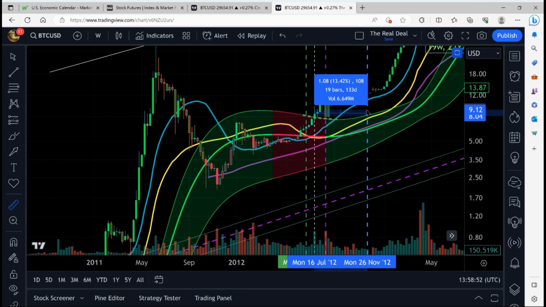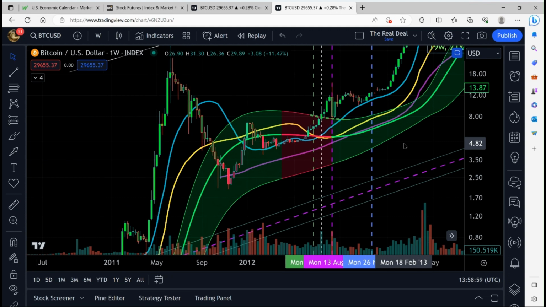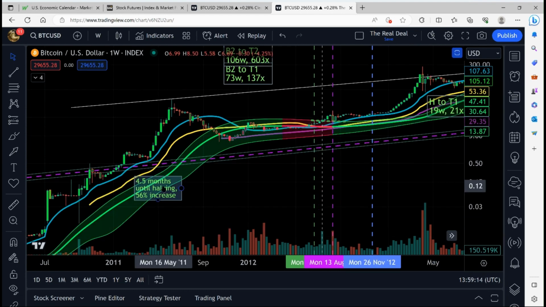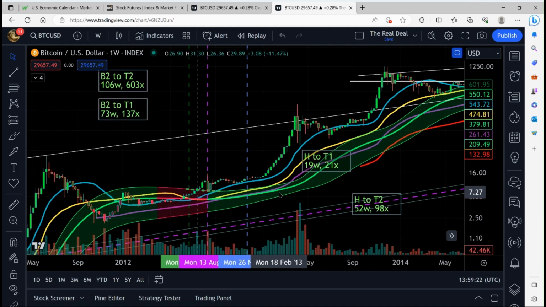Yeah, that's about 4.5 months. So that's what that number means. Where we broke through here in the red on the weekly Gaussian channel to the halving event, 4.5 months, back here in 2012, and there was a 56% increase in price for Bitcoin between those times.